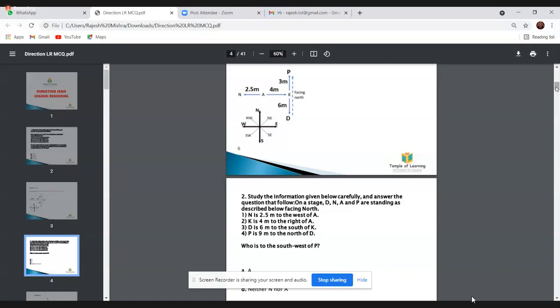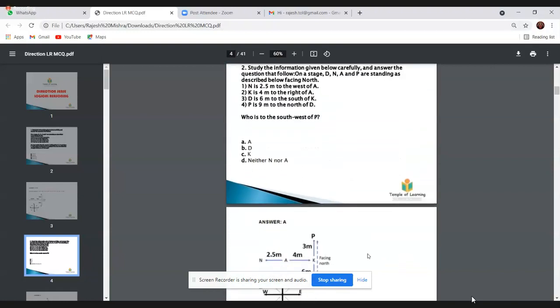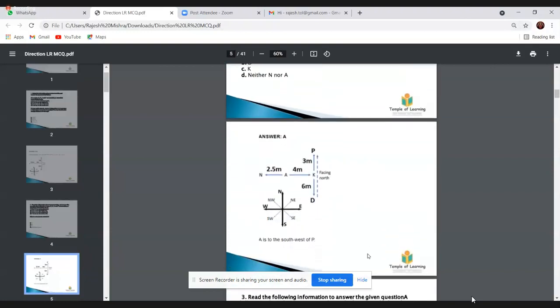So the answer for this question shall be A, because there are 2 values which are southwest of P, N and A. I go with A because N is not mentioned in the options. Is this okay, all of you? Yes, sir. All right. That's exactly. So the diagram is done.